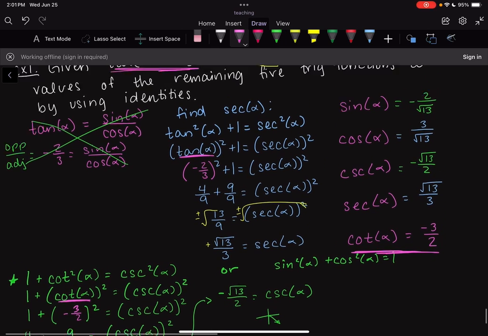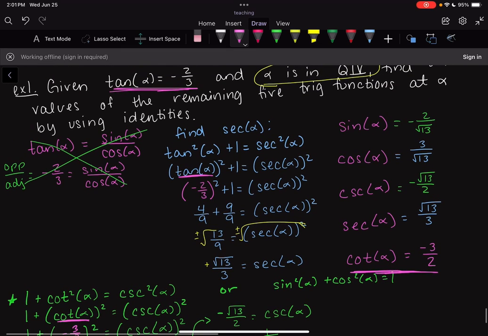Something I want you to notice here in order to check yourself is remember what tangent is. Tangent is opposite over adjacent. So if sine is opposite over hypotenuse, my -2 is my opposite side.